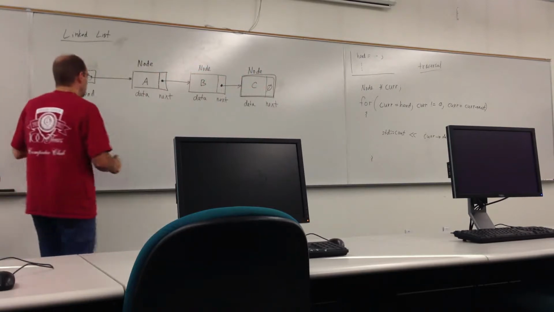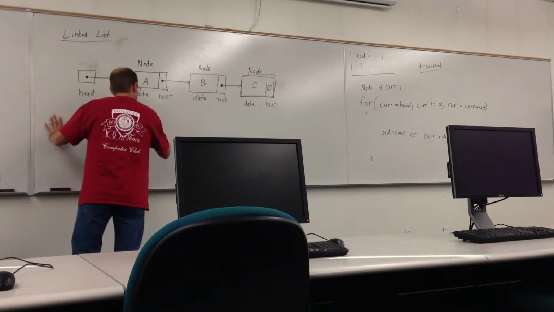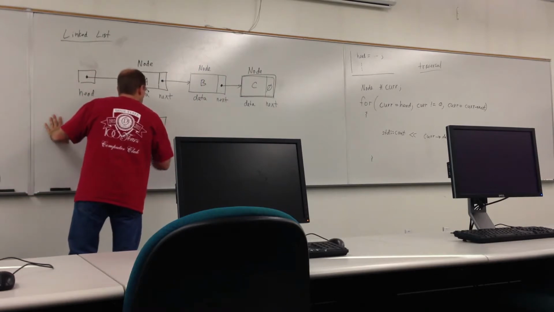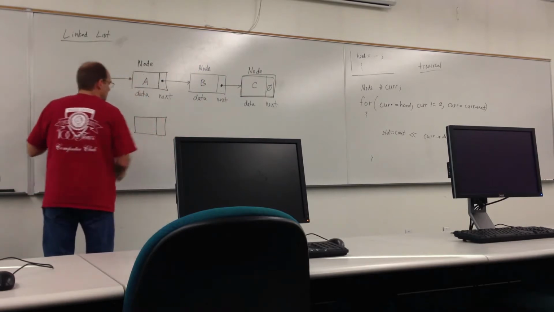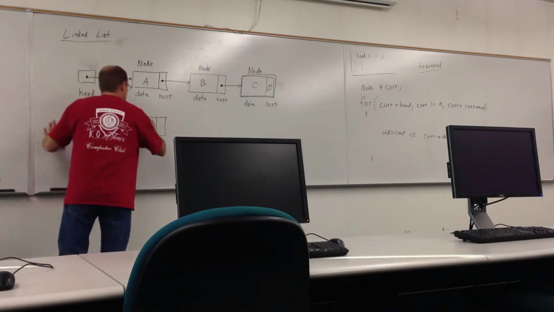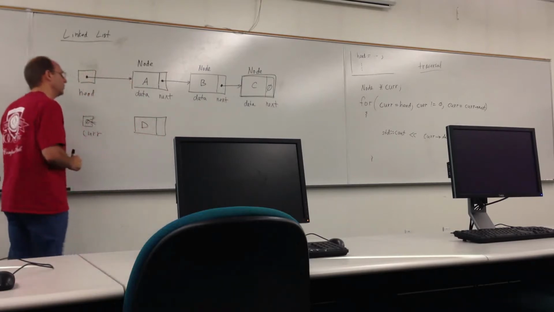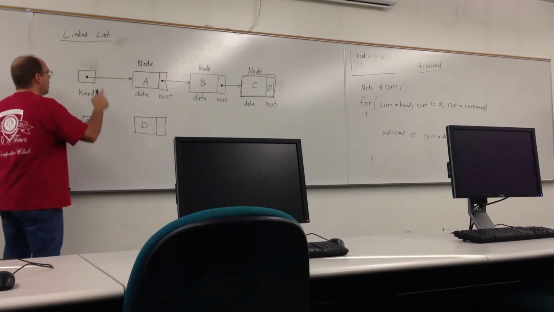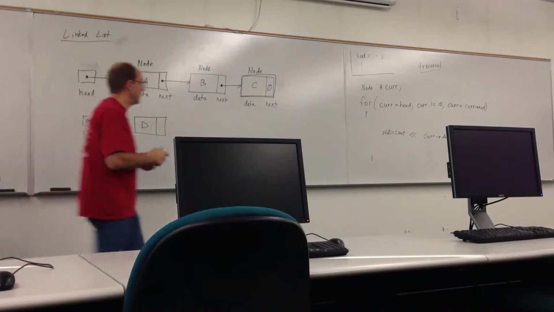So let's assume that I allocate a new chunk of memory for a node. I stuff my data value in there, and now I want this to go at the front of that list.